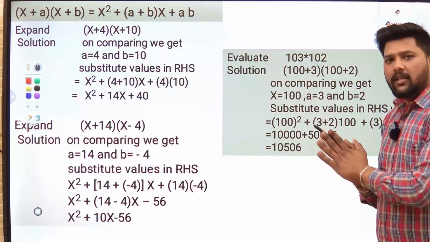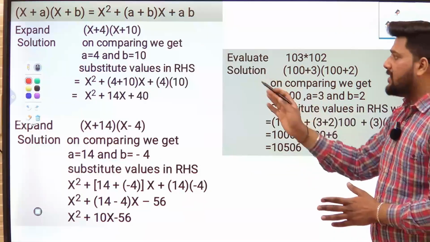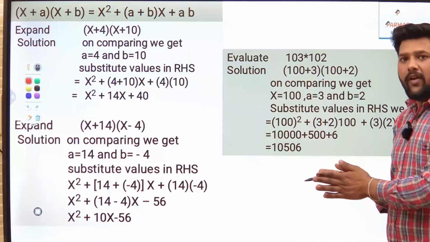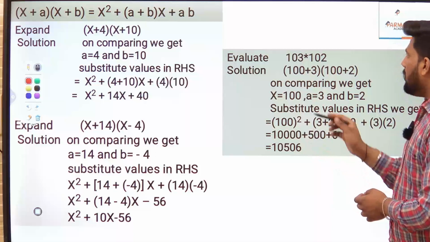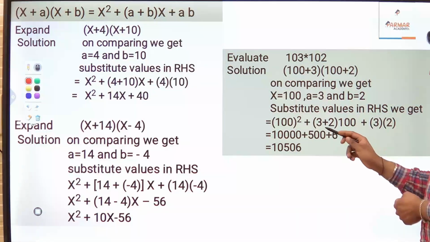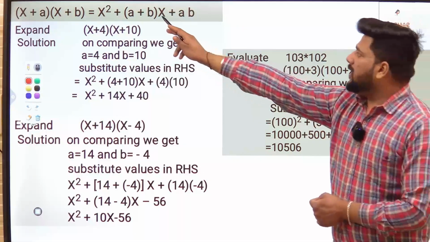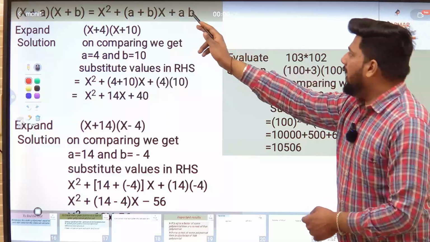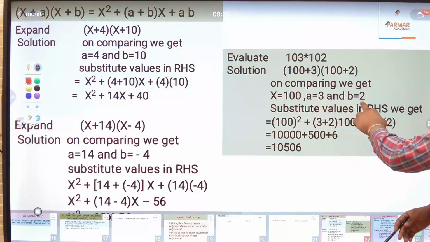Now simply substitute these values in the right hand side. x square, that is 100 square, because the value of x is 100 here, plus a plus b. What is a and b? 3 and 2 here. So 3 plus 2 multiplied by x, and here x is 100, plus a into b, means 3 into 2.